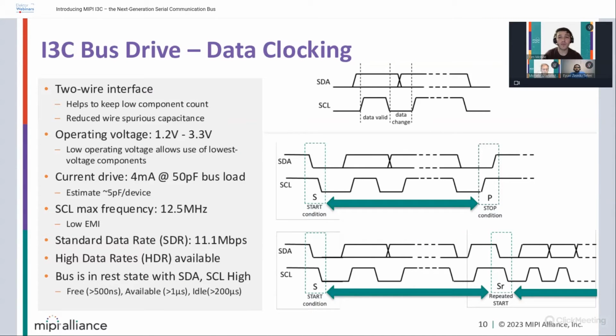We also have multiple data rates built into I3C. The standard data rate is built for up to 11.1 megabits per second, but there are also higher data rates available. These are some of the features that I3C enables, and so there are multiple data rates that you can implement that will increase the throughput.